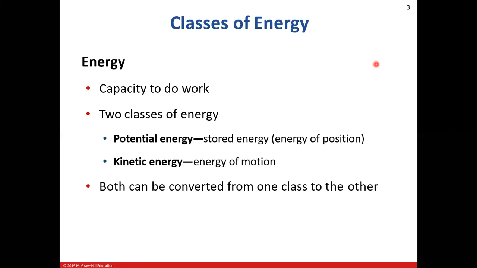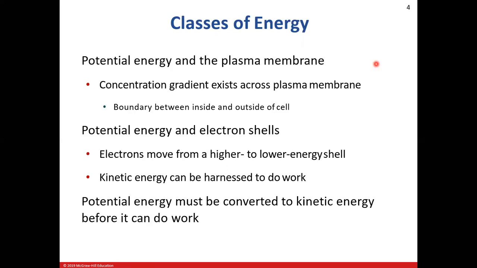Whereas kinetic energy is the energy of motion, so now there are things that are actually moving and being done. Both of these can be converted from one class to the other, so we can go from potential energy to kinetic energy and vice versa.